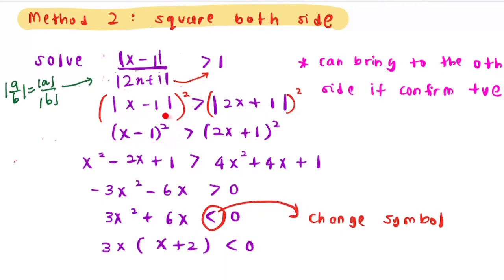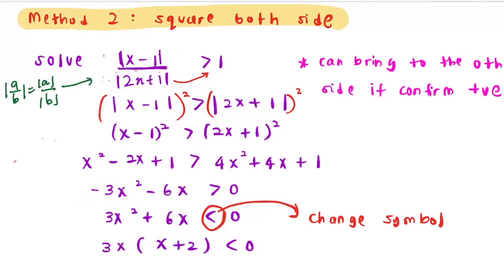Now let's open up. Square the first, 2 times the first and last, square the last. Open up this one the same way. Now this becomes a quadratic inequality. As usual, bring everything to one side, and then you have a negative x squared here.